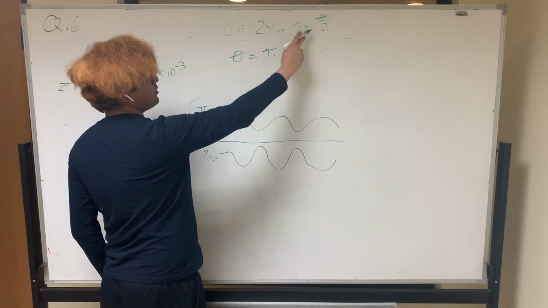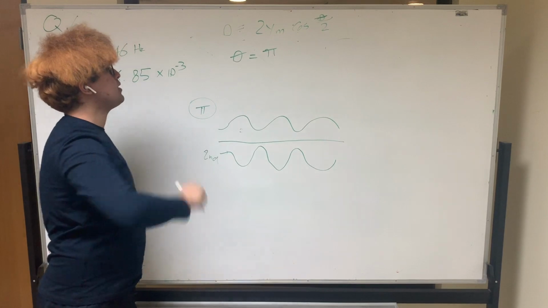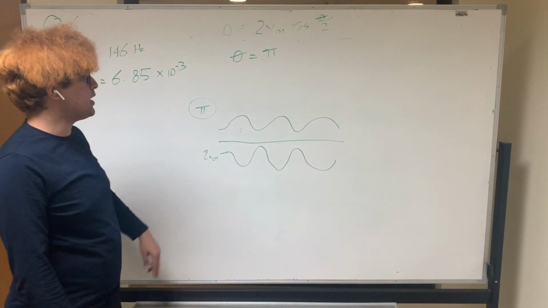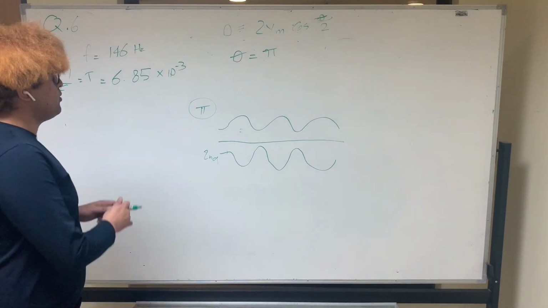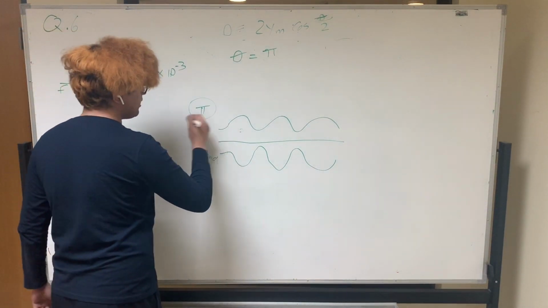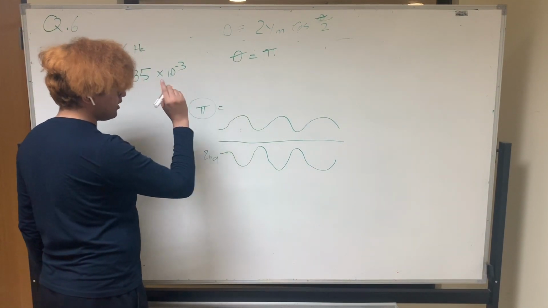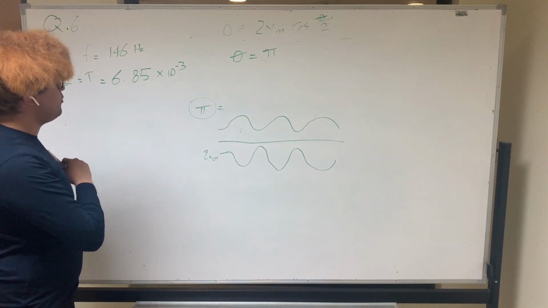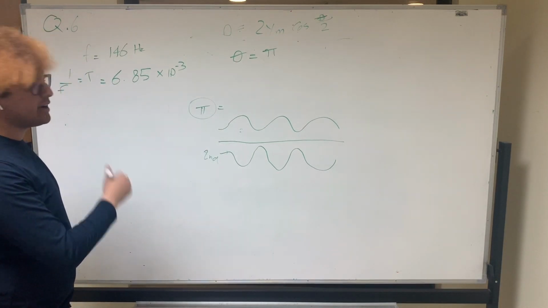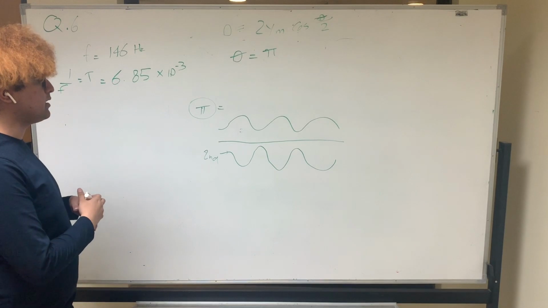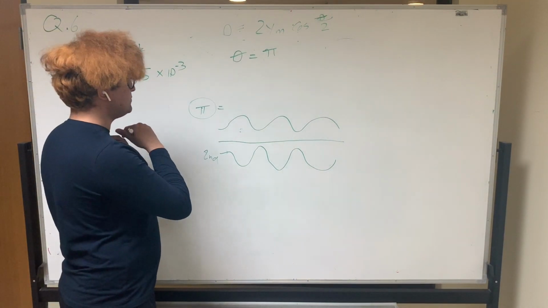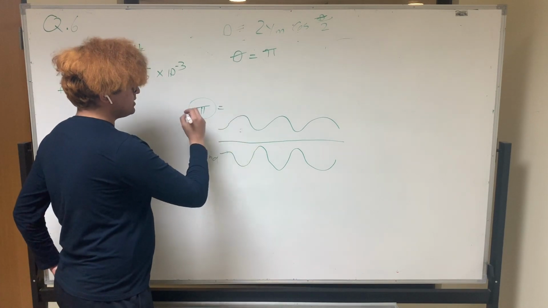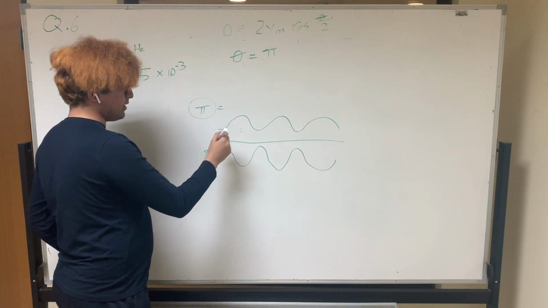Because cosine of pi over 2 is equal to 0, which will make the amplitude 0, and we have destructive interference. Alright, so if you have an angle of pi, then what does that mean in terms of cycles and period and lambda, or the wavelength? Well, it means that we moved half a cycle.